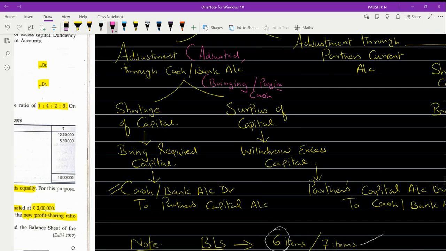Adjusted is a clue word, and then bringing in or paying cash. If you find these words, then it is a concept of adjustment of capital through cash. Clear?